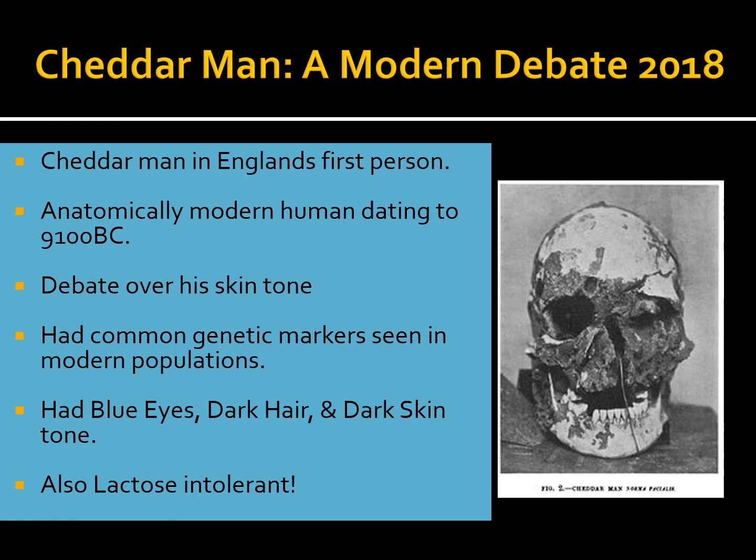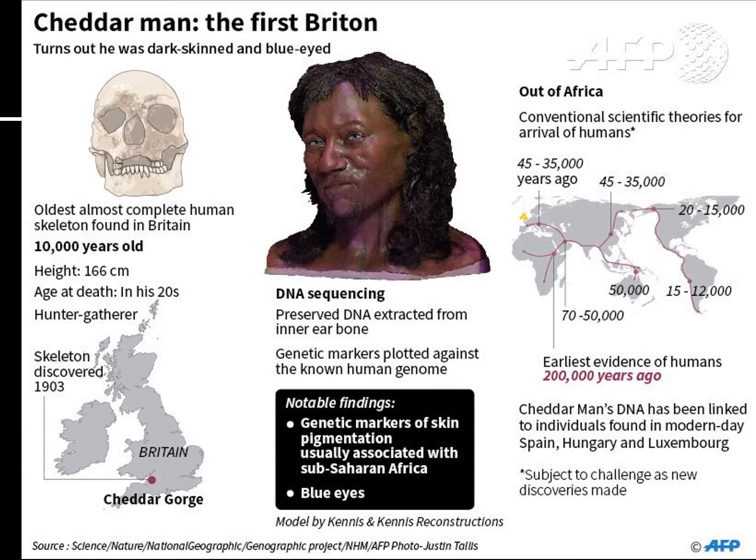So he was lactose intolerant, which is what we find more commonly in African and Asian populations than in European populations. The Cheddar Man's remains were found in a place called Gough Cave, located at Cheddar Gorge, hence the name Cheddar Man. When they ran his DNA sequencing, they found he had genetic markers for skin pigmentation that we generally see associated with populations within sub-Saharan Africa. And he also had blue eyes.